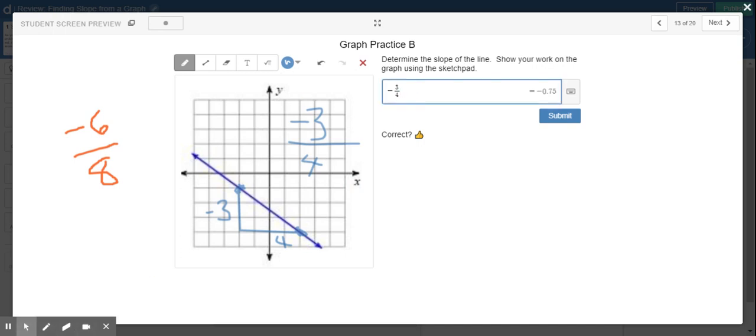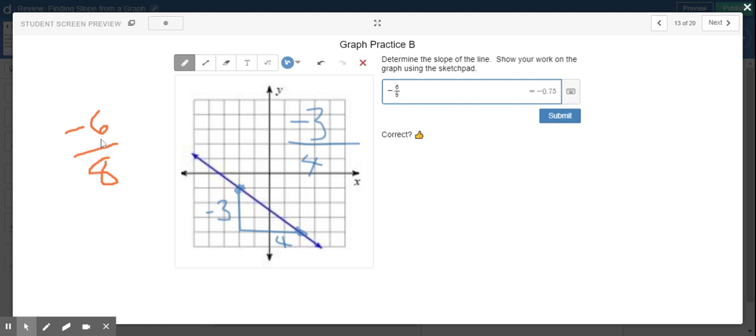So you'll notice here, -6/8. It still gets marked correct, but it's not reduced. It's not simplified. So it's not going to tell you whether you're simplifying it or not correctly. It'll just tell you if you have the right slope. So just something to keep in mind that you need to simplify them.